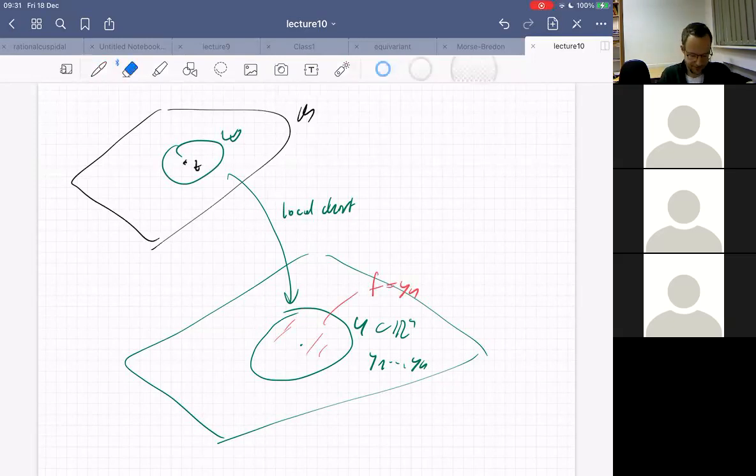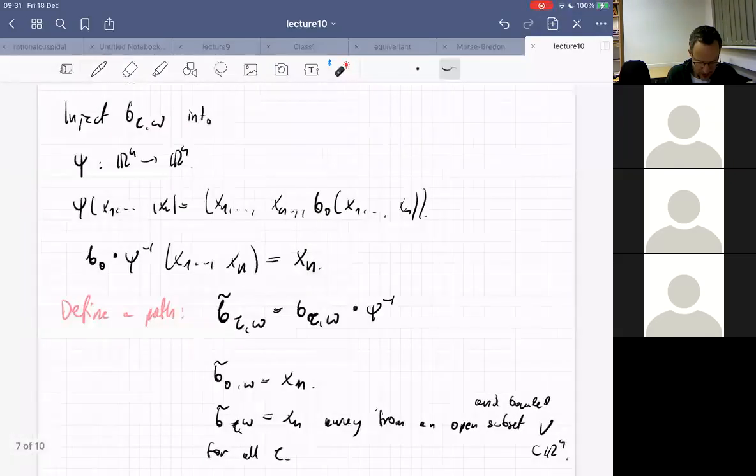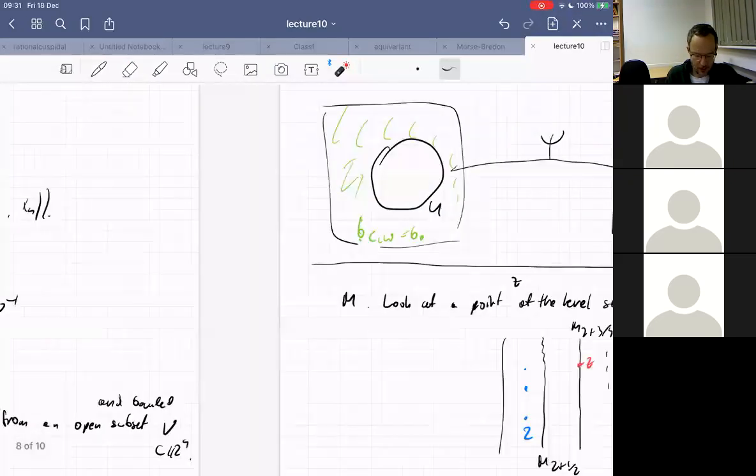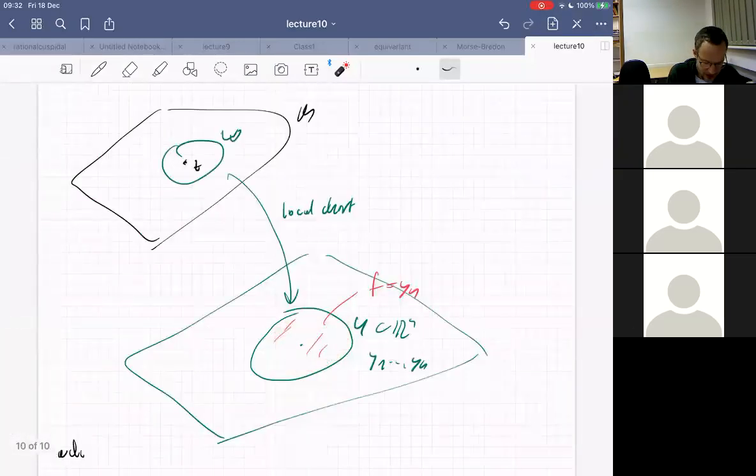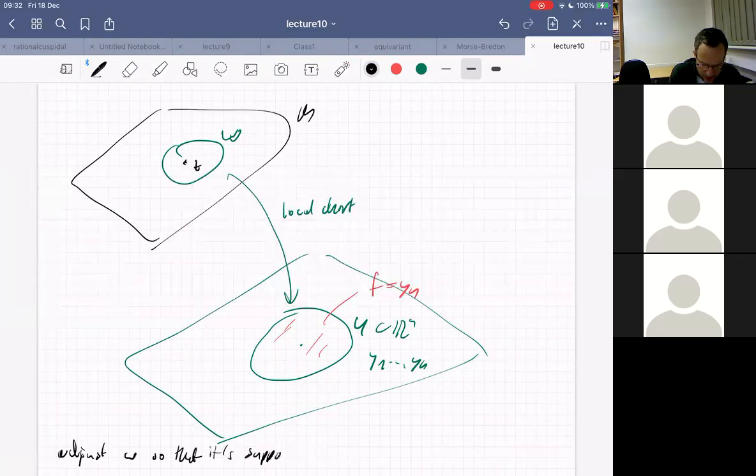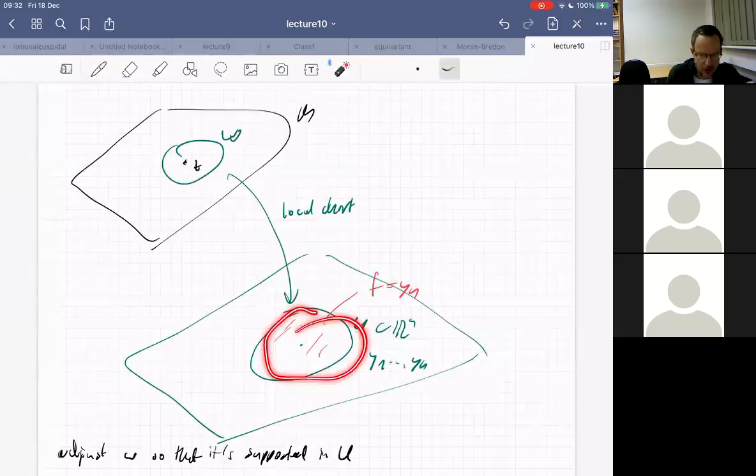Okay, so what do I do? Now we inject our function beta omega in here. So adjust omega so that it's supported in U, this particular U. I use the same U as before on purpose.